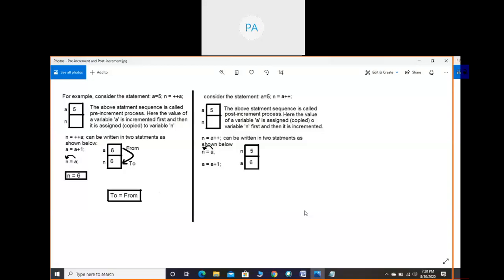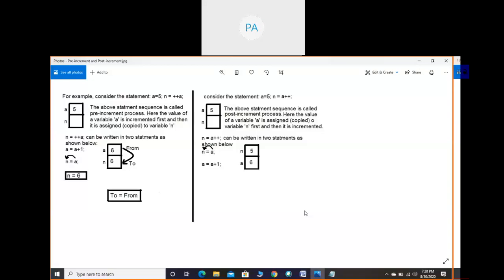In n, once the addition happens, it is again going back to a location. No, sir. In n, addition doesn't happen. Only in a it happens. n will receive the value, that's all. n will receive the value of 5. After receiving the value of 5, the a value becomes 6. And it doesn't affect the n value.